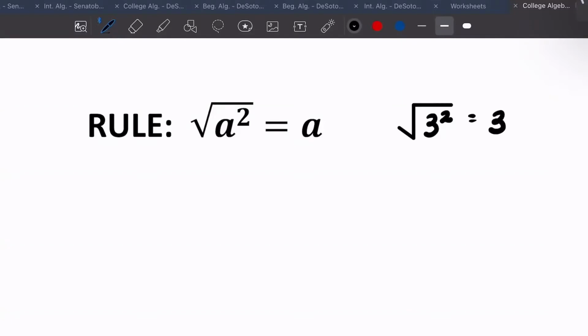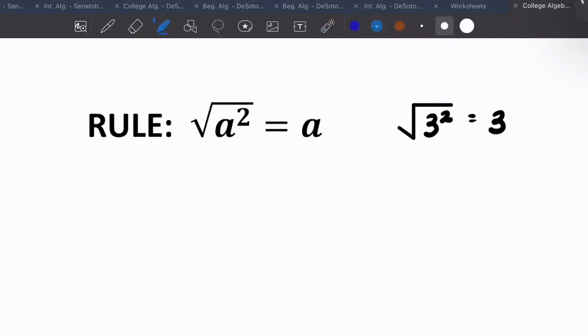What that radical sign is doing here is undoing your squared term. If I'm squaring something and then I square root it, I'm undoing the fact that I squared it, kind of like how division undoes multiplication, or multiplication undoes division.